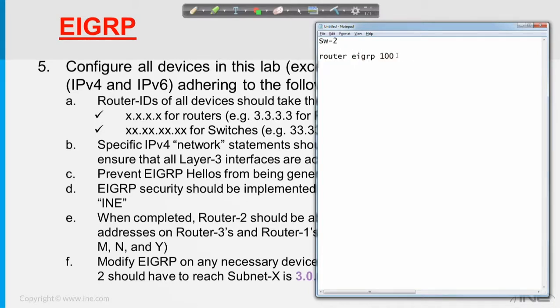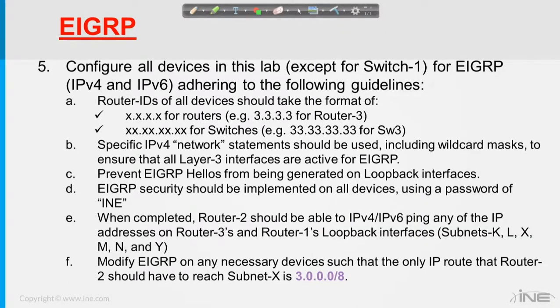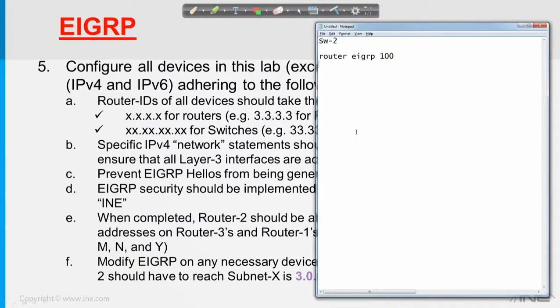Now it says here that it should take on a specific router ID. If I'm on switch 2, it should be 22.22.22.22. How can I ensure that switch 2 uses that EIGRP router ID? What command can I type? And would I type it right here? Remember, right now I'm at config-router. That's my prompt. What command would I type, and where would I type it? Thank you, Abu Bakr. You're very close.